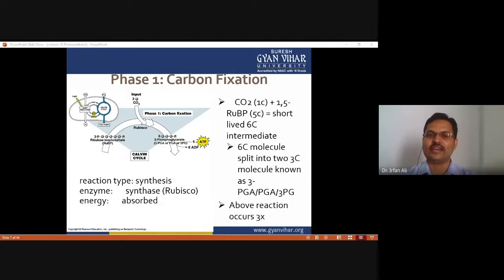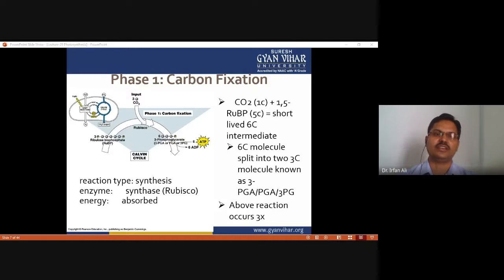The enzyme utilized at this step is Rubisco, the most abundant enzyme found on the earth. In this reaction energy is absorbed, because carbon fixation takes place. So this is the first step of the Calvin cycle.